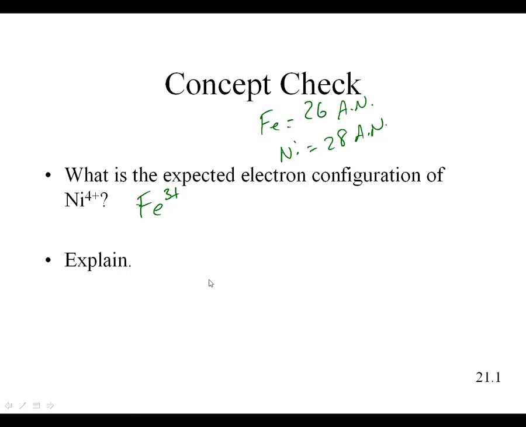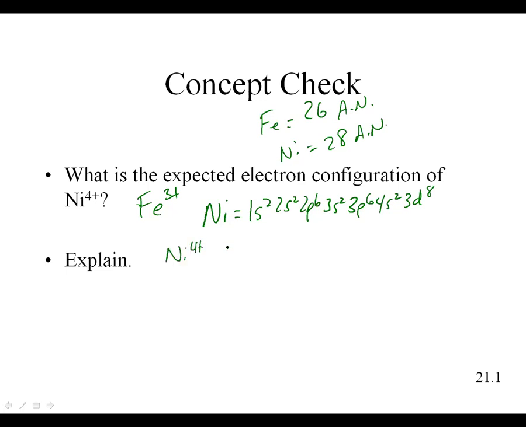Okay, so let us take a look. We'll start with nickel. Nickel with no charge is 28, which means 1s2, 2s2, 2p6, 3s2, 3p6, 4s2, and 3d8. Now, nickel with a +4 charge means that it has lost 4 electrons.